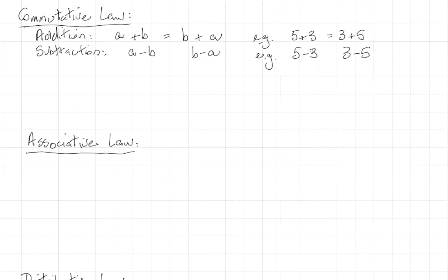This answer is going to give us 2, and this answer is going to give us -2. So we can't put an equal there; the symbol for not equals is that. So the commutative law does not apply for subtraction.